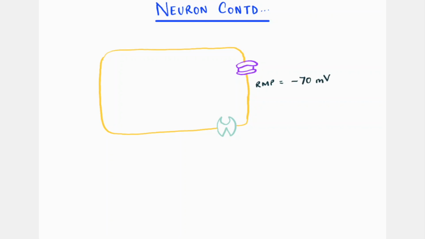It's not a charge, I'm sorry, it's a potential of minus 70 millivolt on the inside and 0 on the outside. This is what it means. The values may not be exactly like that, but it's the difference that matters, not the exact values. So let's say there's a potential of minus 70 mV on the inside and it's 0 mV on the outside.